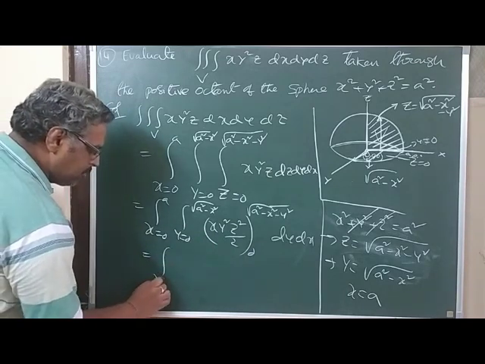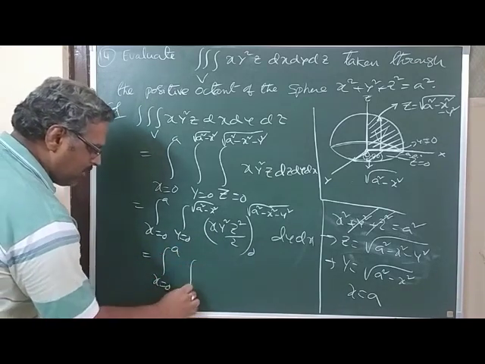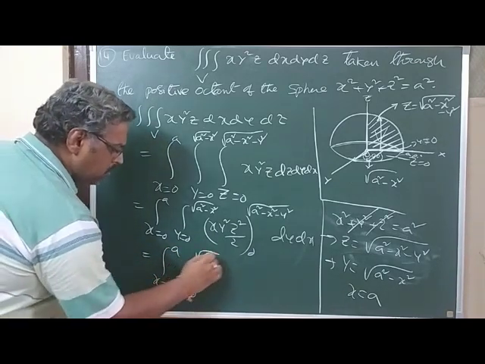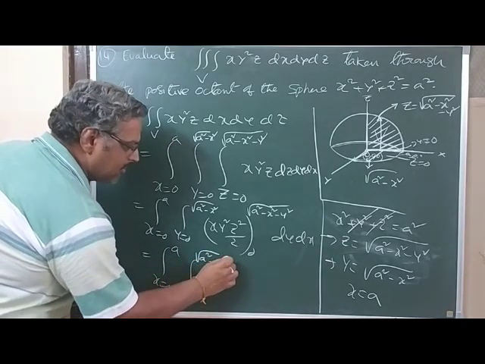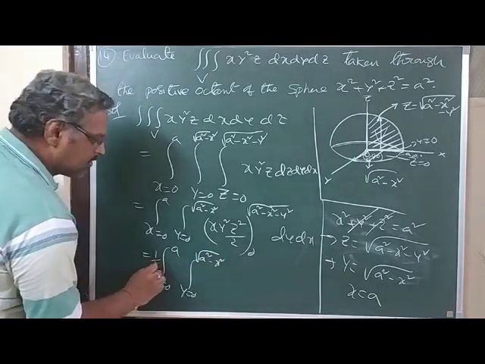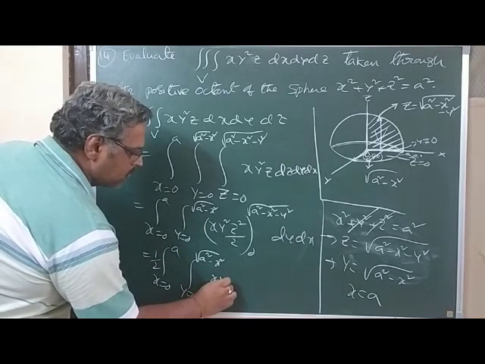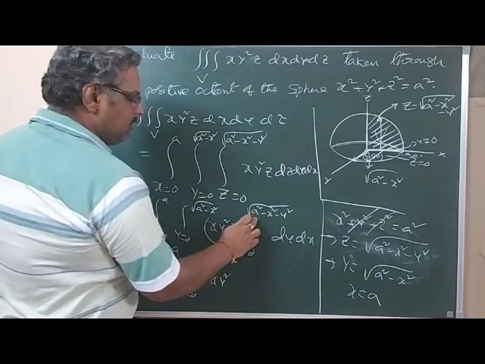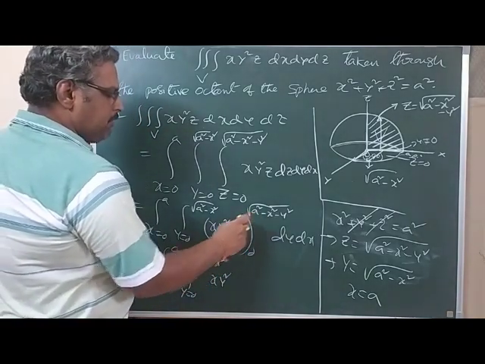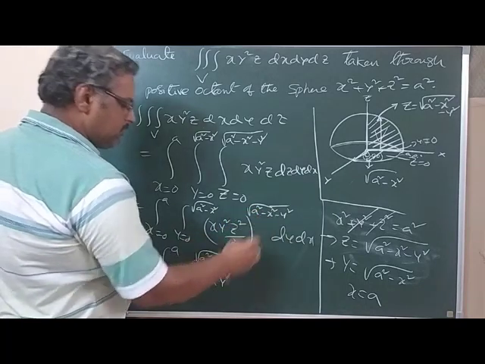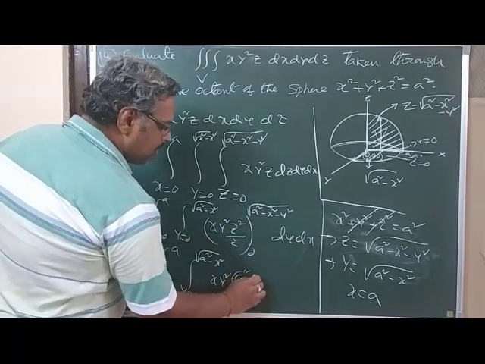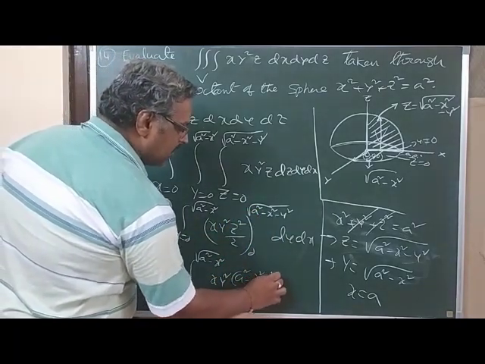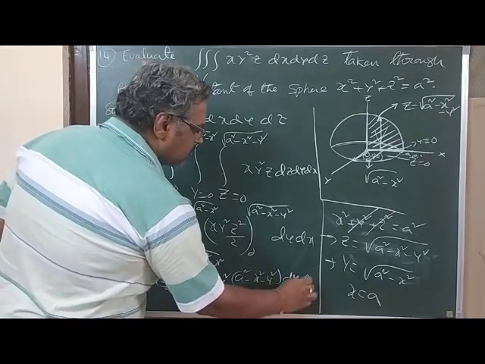You will get x is 0 to a, y is 0 to root over a square minus x square, here 1 by 2 is a common term, x into y square into z square. If you replace z square by the square root of this one, whole square is nothing but a square minus x square minus y square, dy dx.